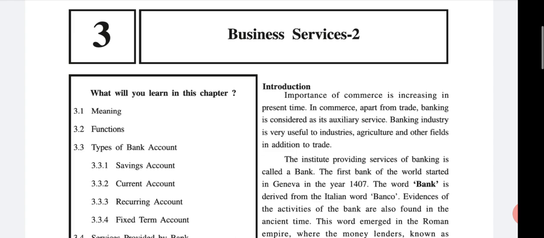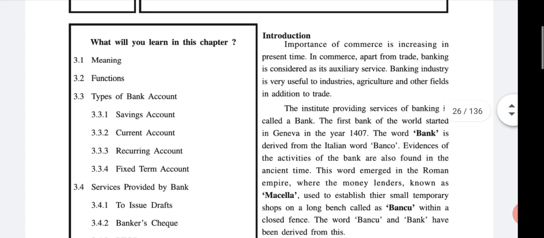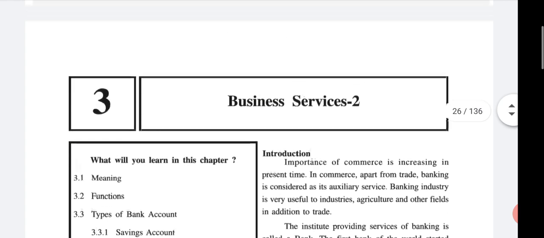In this chapter, we will learn about the banking system: how to run a bank, what the functions of a bank are, types of bank account, services provided by a bank, as well as the first bank of the world, when it started, etc. These are the points we cover in this chapter.